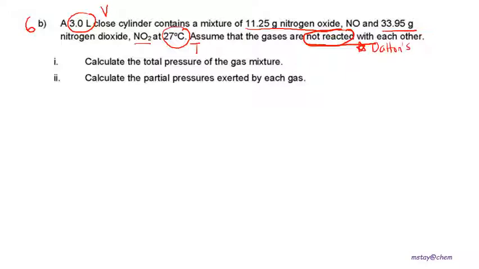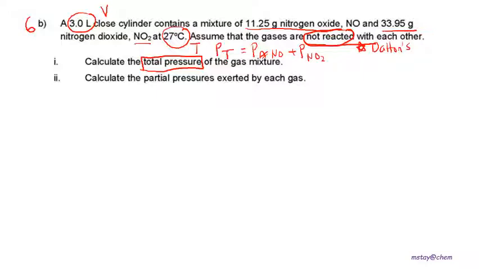Okay, next part of the question, we are going to calculate the total pressure of the gas, meaning we are going to get the P total. As we mentioned just now, if we want to calculate the P total, it is the partial pressure of gas A, in this case the nitrogen oxide, plus the partial pressure of NO2.